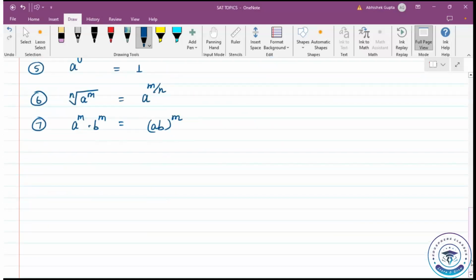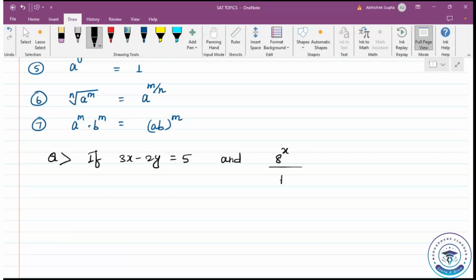Now suppose there is a question which says: if 3x minus 2y is equal to 5 and 8 to the power x over 4 exponent y is equal to m, then find the value of m.